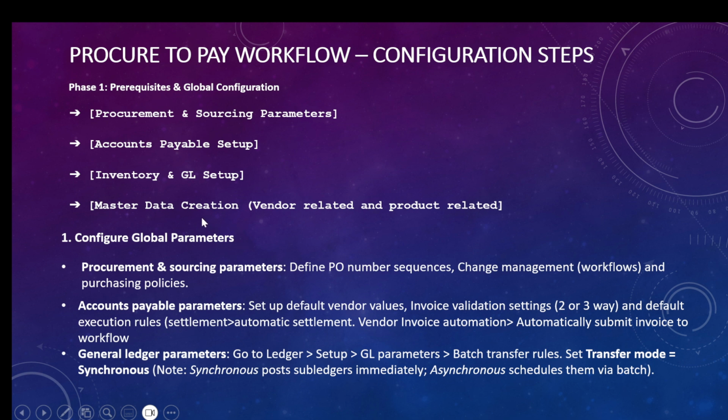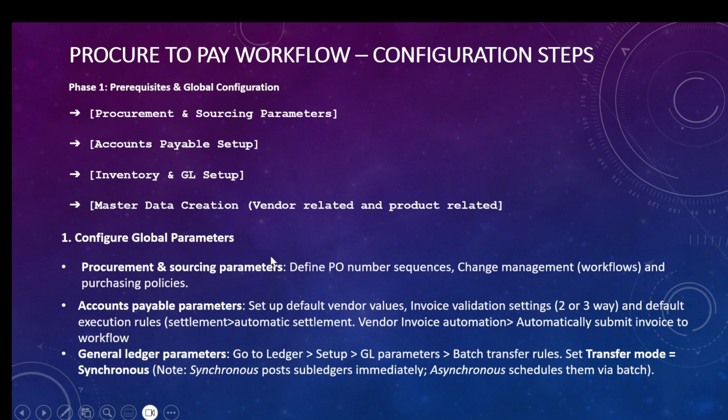And of course, we need to create the master data, which is related to the vendor and product. So product, of course, we already discussed. So we have to create the master for vendors here.